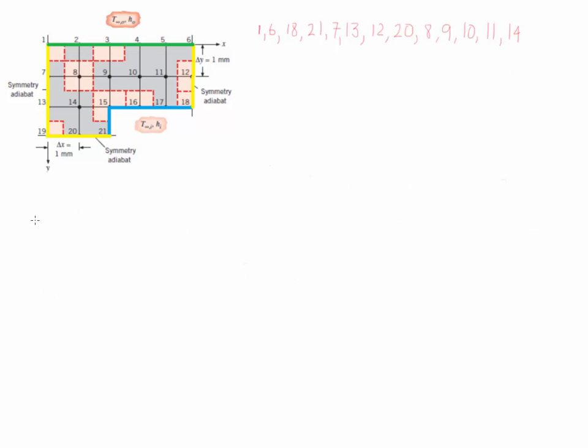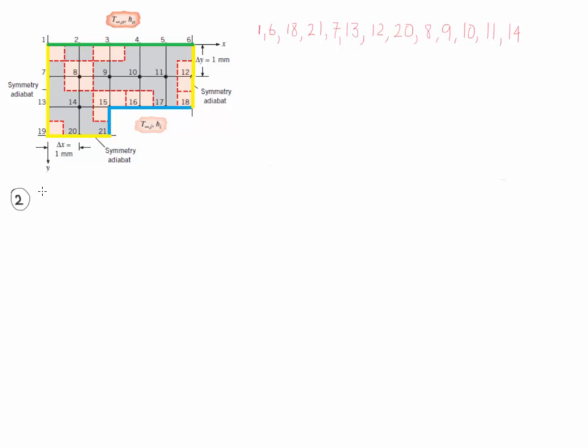The next set of nodes that we're going to evaluate are going to be in a plane exposed to convection and to conduction. These nodes are going to be 2, 3, 4, and 5 exposed to HO and T infinity O, and number 16 and 17 exposed to HI, T infinity I. Let's start with node 2. The surrounding nodes are 1, 3, 8.